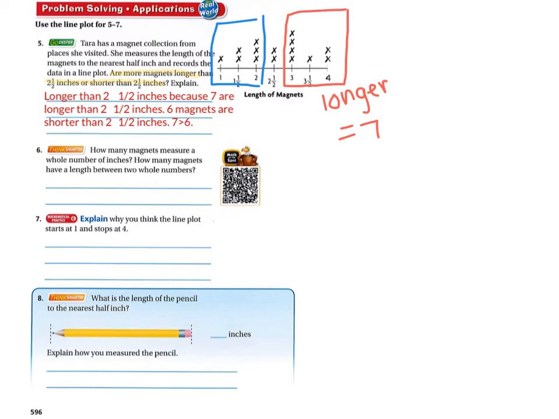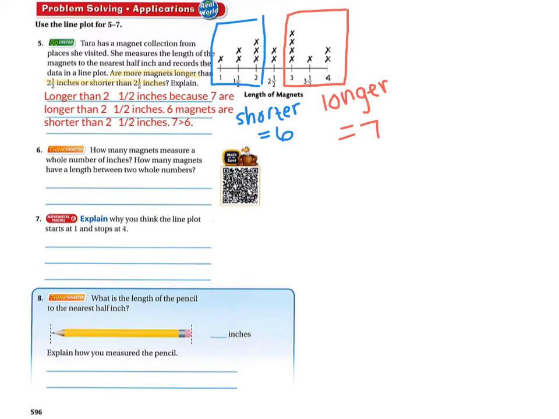So whenever I look at my line plot, I see this 2 stands for 2 inches. There were 3 magnets that were 2 inches. There were 2 magnets that were 1.5 inches, and there was 1 magnet that was 1 inch. So altogether, there were 6 magnets that were shorter.